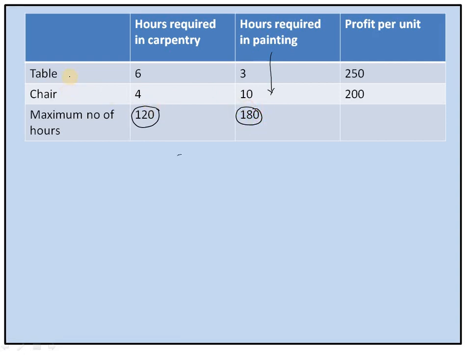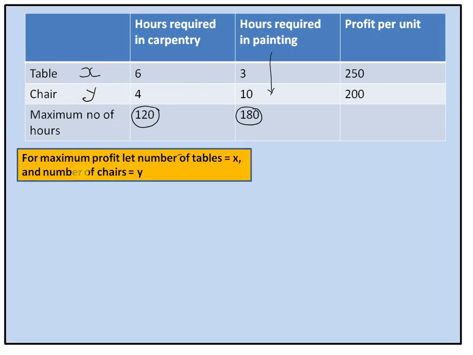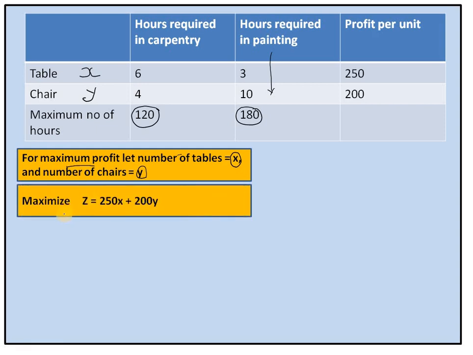So we have to decide how many tables and how many chairs we have to make. So let us say we make X tables and we make Y chairs. Understood children? So for maximum profit, let the number of tables be X and number of chairs be Y. Right? What we have to maximize?